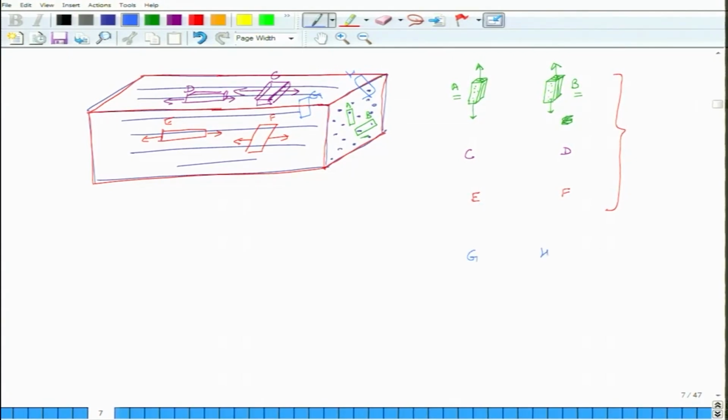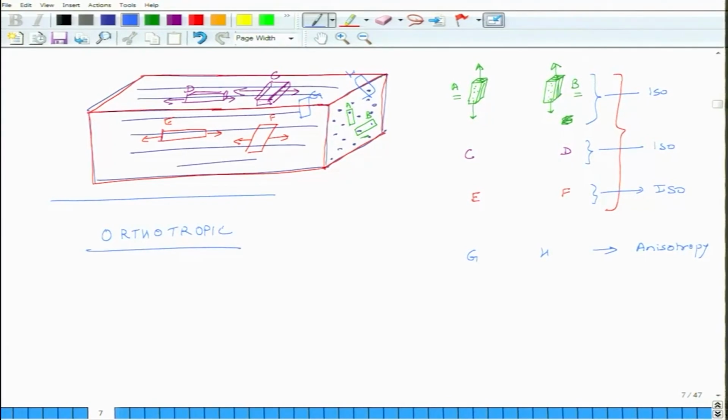So, G and H, when you test them, will exhibit anisotropy, but in A and B you will see isotropy, between C and D you will see isotropy, and between E and F you will see isotropy. Okay. So, the point is that this type of material is known as orthotropic material.